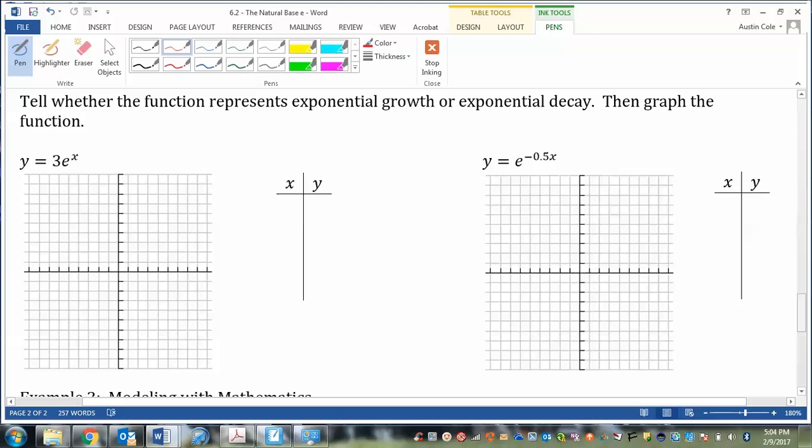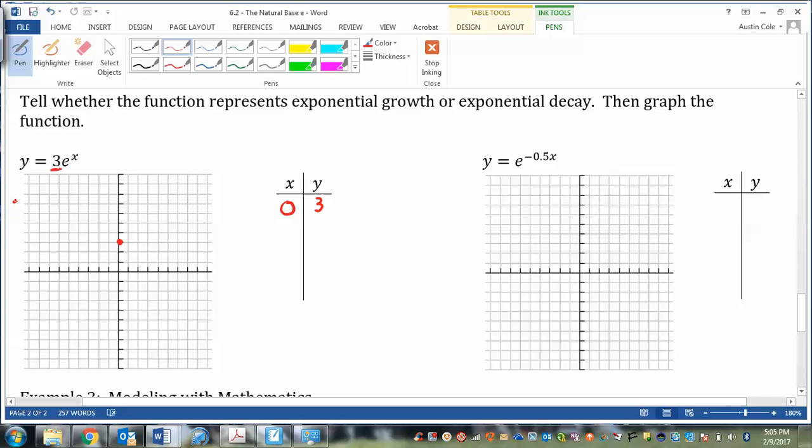And we see that. Now let's go to our table, second table, and let's plug in some values. Since I have this number here, when I have 0, e to the 0 power, anything to the 0 power is 1, and then 1 times 3 is 3. So at 0, I'm going to be at 3, and we see that on our x and y table.